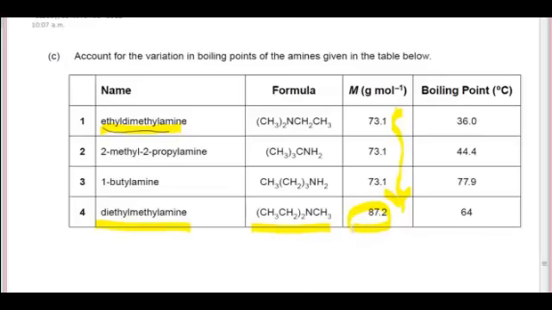We've got no ability to hydrogen bond because this nitrogen isn't bonded to a hydrogen, so it's a tertiary amine and that can't actually happen. So the difference in boiling point here is really more due to the fact that we've got a higher molar mass, and that's why it's different there.